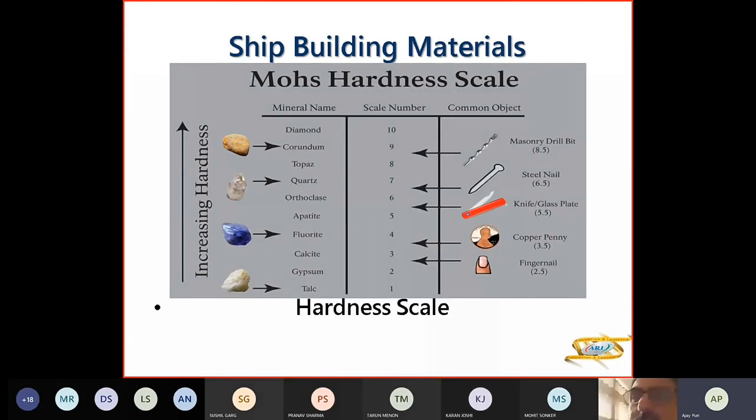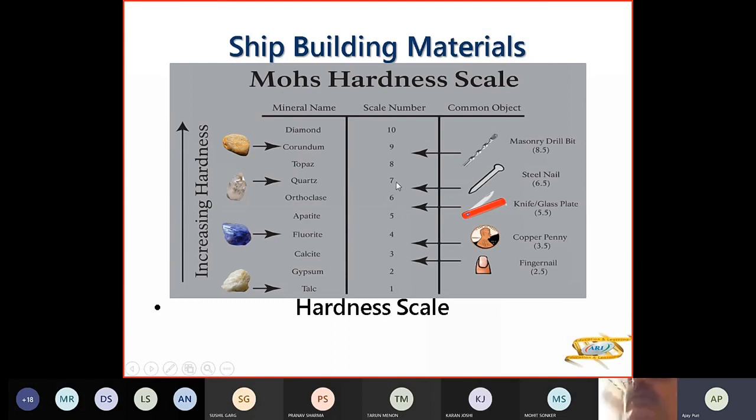Now, this chart here is the Mohs hardness scale. On top, you have diamond, which is scale 10. Next to it is corundum, which is 9. Then you have masonry drill bits, which is 8.5. Topaz is 8.